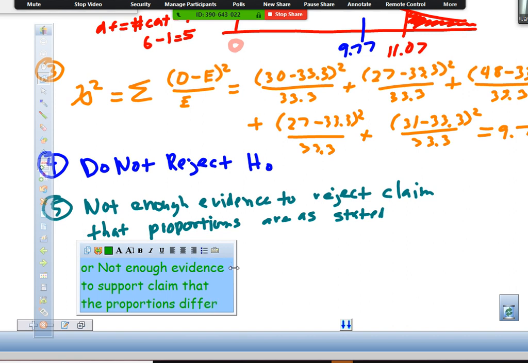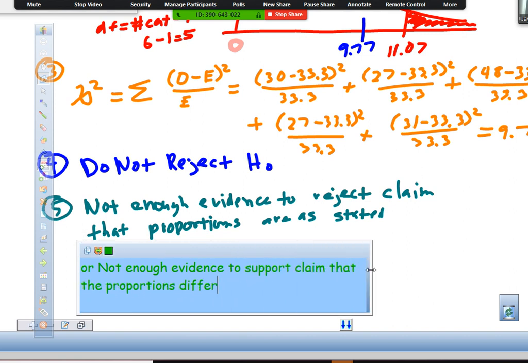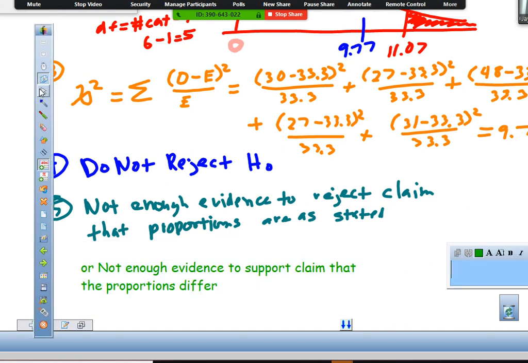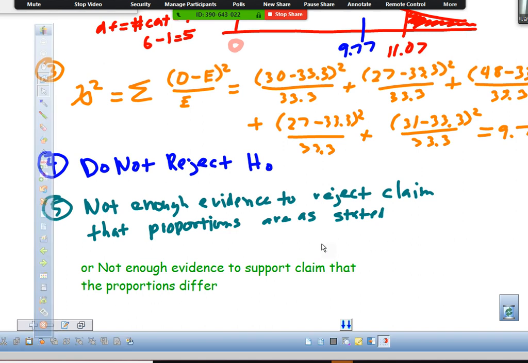They're both totally fine. I'm just trying to keep things super simple for people and not make it too complicated. So I'm totally okay if you just want to stick with always doing this: reject the claim that the proportions are as stated. I'm okay with that. So if you want to do that for all the chi-squareds, for 11.1 and 11.2. But this is better. The bottom one's better.